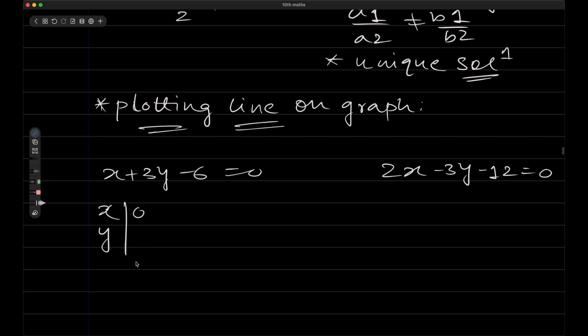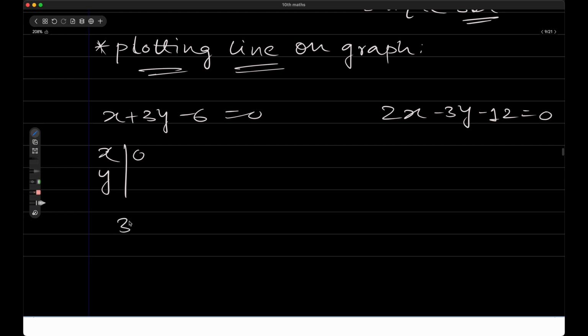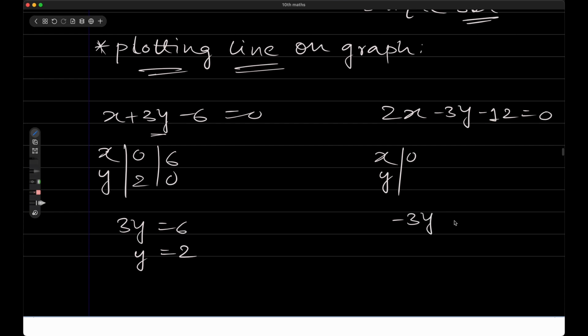If we put x equals 0, we get 3y equals 6, y equals 2, and if we put y equals 0, we get x equals 6. For the second line, if we put x equals 0, we get minus 3y equals 12, that is y equals minus 12 upon 3, that is minus 4.